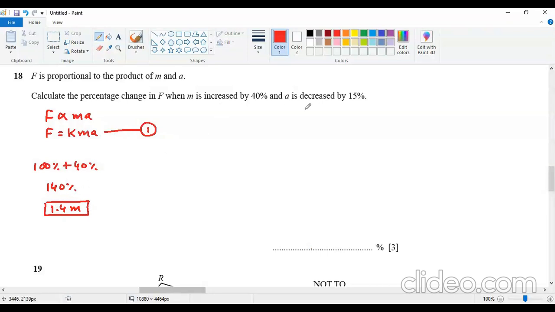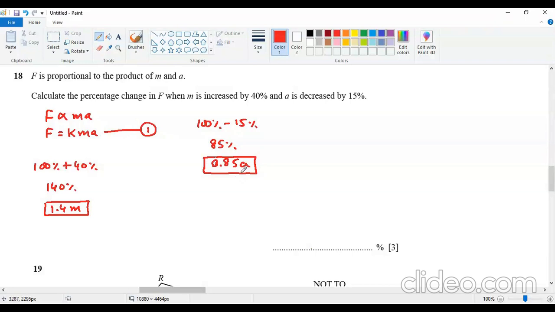When it comes to decreasing a by 15%, that means 100% minus 15% is going to be 85%, which is 0.85 a. Originally it was a, but after decreasing it's going to be 0.85 a.